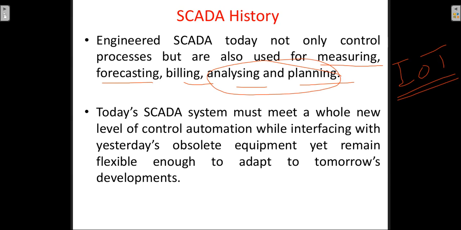So now with these things, it is possible for us to make the SCADA system not only confined to controlling, but extended to all the different associated ancillary services. Today's SCADA system must meet a whole new level of control automation while interfacing with yesterday's obsolete equipment, yet remain flexible enough to adopt tomorrow's development.